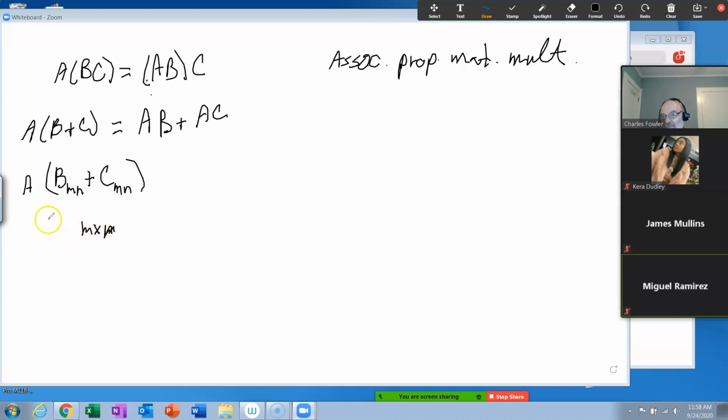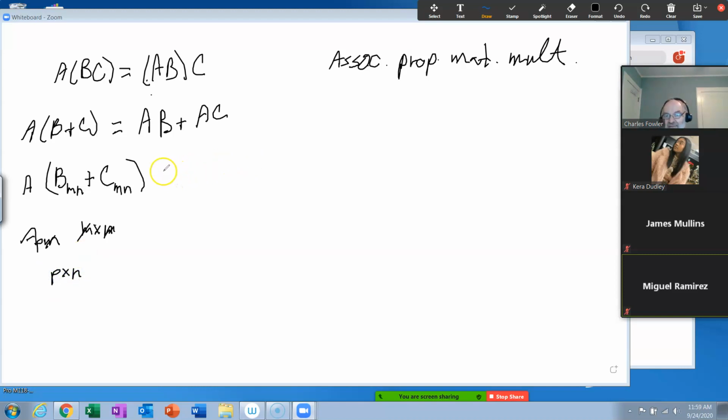The product has to be m by n. That means A can be anything for a initial. Let's call it P by m. And that way you can multiply those together, and your answer here will be a P by n.